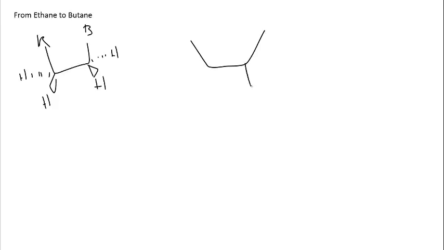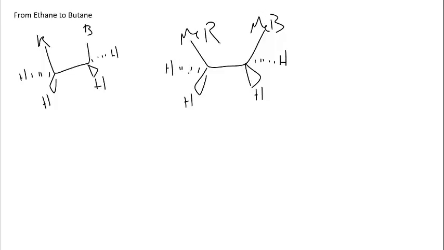And I promise you our drawings are going to be very, very similar because we are going to use an old model kit trick. Here, instead of just writing blue and red, I'm going to write methyl blue and methyl red. And that gives us the ability to change our structure from C2H6 to C4, and that would be 6 altogether, 7, 8, 9, H10.